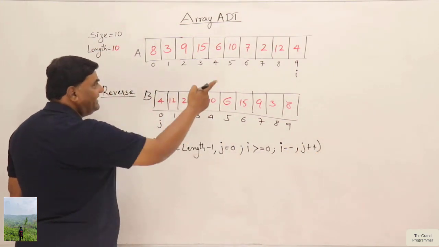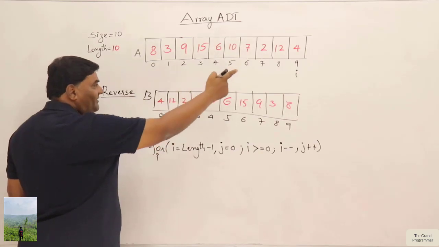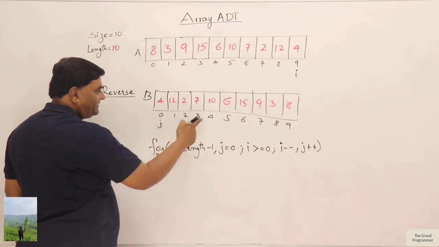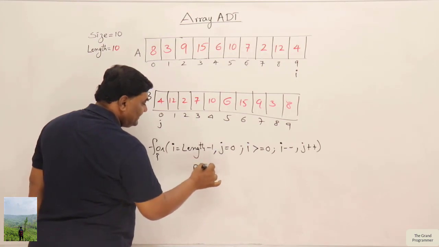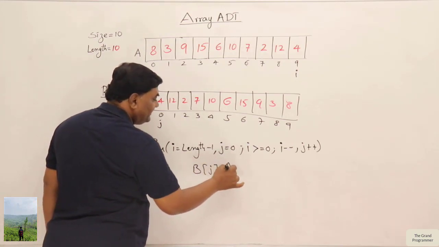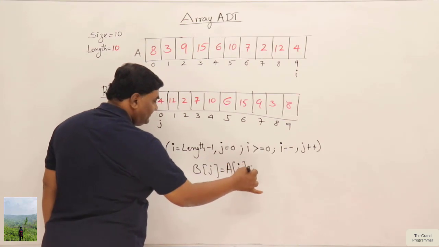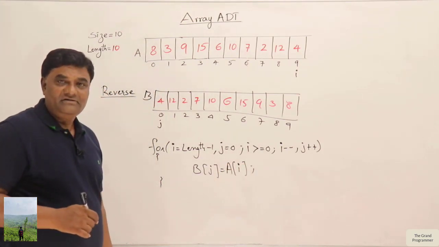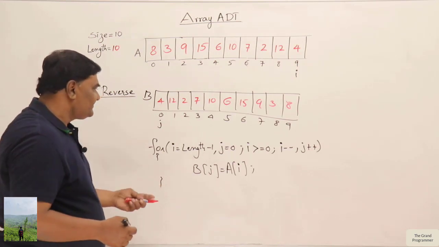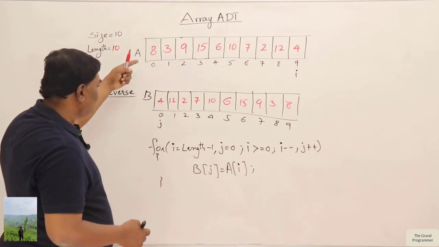While scanning through this array from the back side and this from the front side, we have to copy the elements into B at location j from A from location I. This part is reverse copying the elements. Then after doing this, we have to copy the elements from B to A directly.